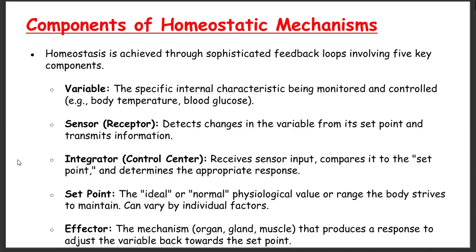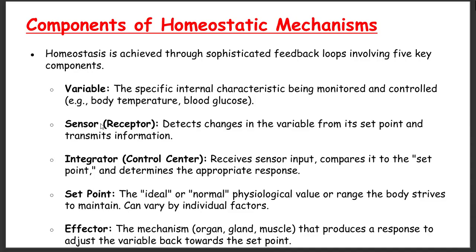Some theory will just mention three of them, mostly the sensor, the integrator, and the effector. But there are these two, the variable and the set point itself, making them almost five. So if they ask you for three of them, you will be able to mention the sensor, the integrator, and the effector.